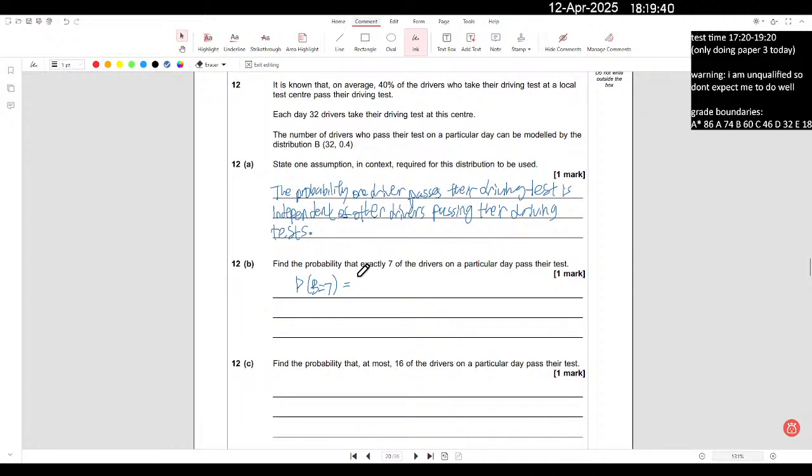Oh crap, I don't even know where I am. Distribution. Okay, binomial PDF. So trials 32.